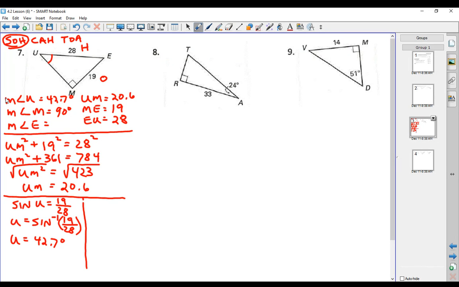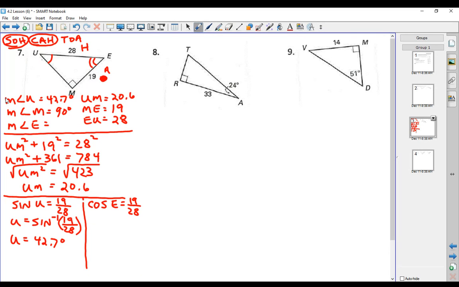Now to find angle E. Angle E is this angle. Now this 19 side EM or ME is now the adjacent side, not the opposite side. Remember, the hypotenuse is always the hypotenuse. So if I'm dealing with the adjacent side and the hypotenuse, I'm dealing with the cosine function. So the cosine of angle E is equal to the adjacent side, which is 19, over the hypotenuse, which is 28.